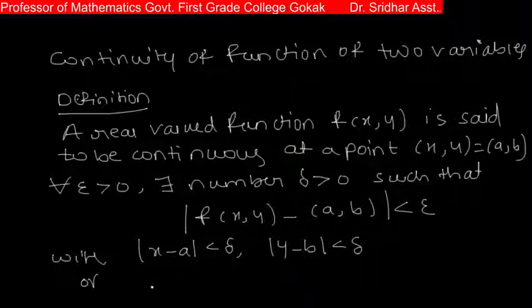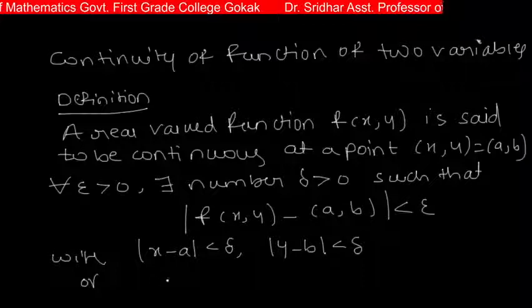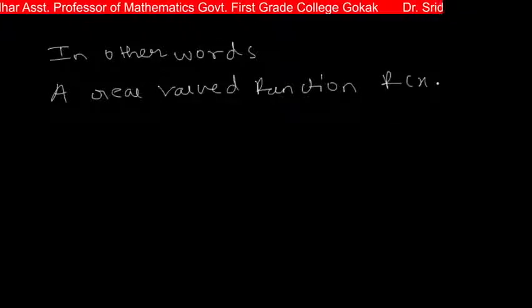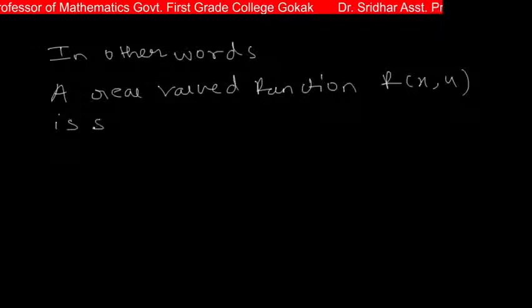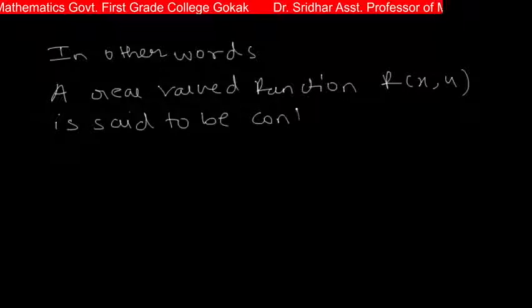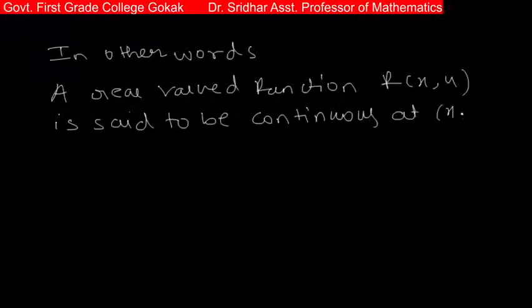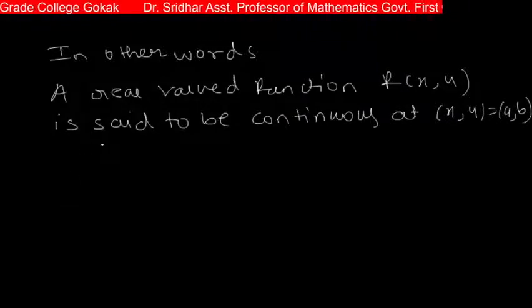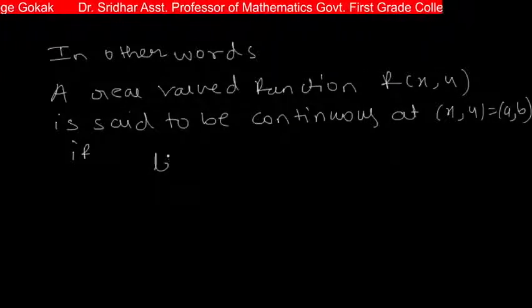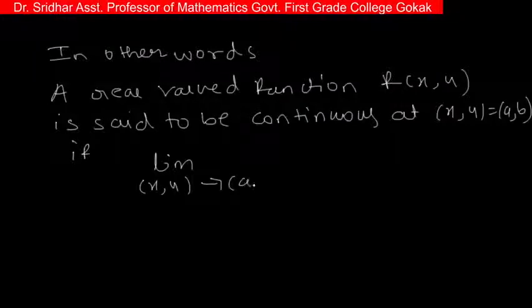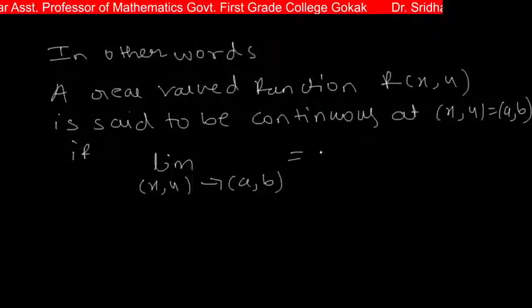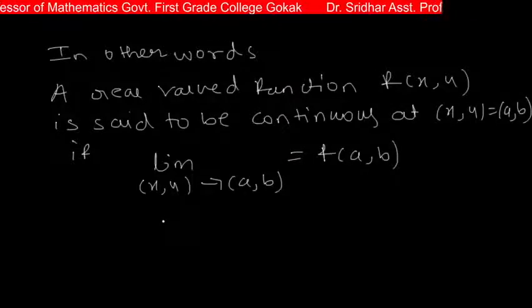In other words, a real valued function f of x, y is said to be continuous at (x, y) equal to (a, b) if the limit as (x, y) tends to (a, b) is equal to f of (a, b).